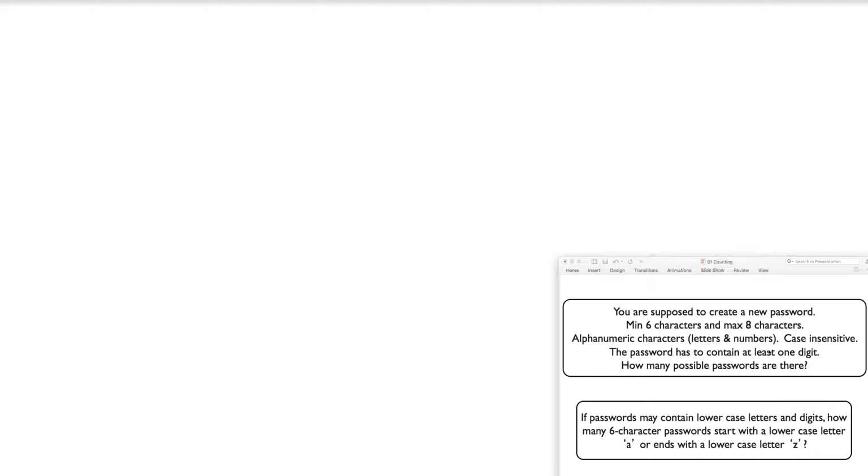So in this case, we are going to consider how to generate the passwords, and since it says that it can be 6 to 8 characters, we're going to first assume that we're going to generate the 6 first. Now to generate the 6, there are going to be 6 slots for the characters that we need to fill in.